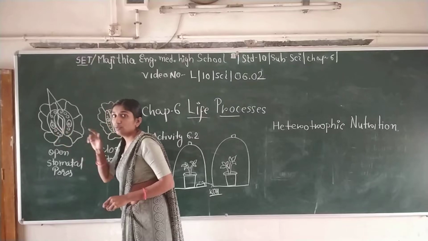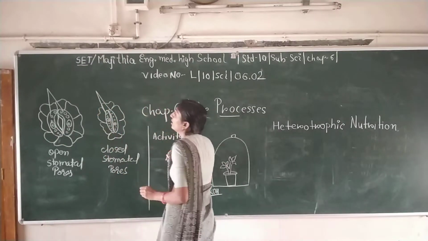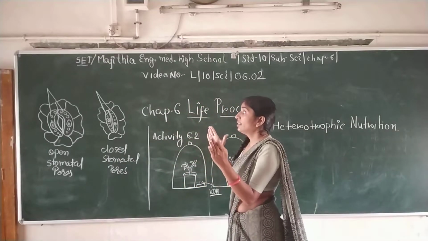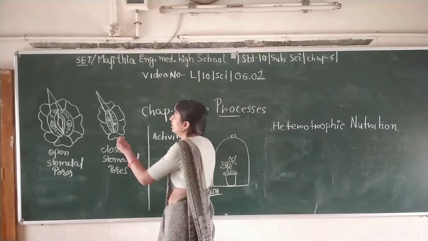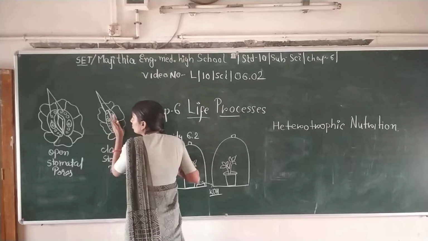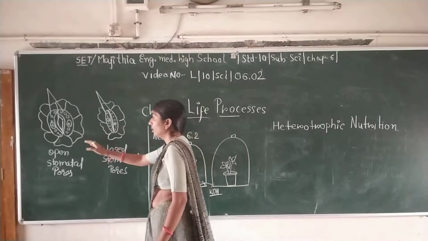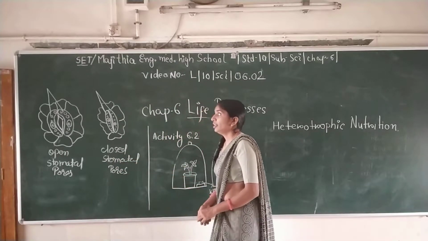If there is no requirement of gas or water, these guard cells shrink, and by shrinking the guard cells, the door which was there previously closes. This one is called open stomatal pores, this one is called closed stomatal pores.